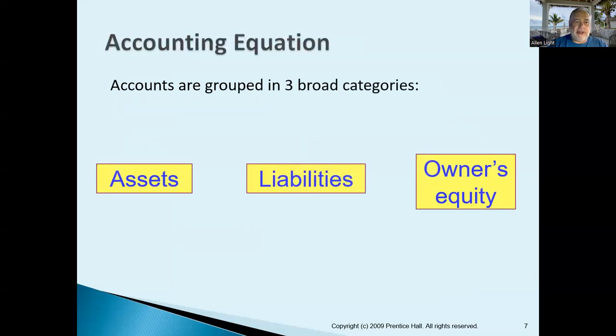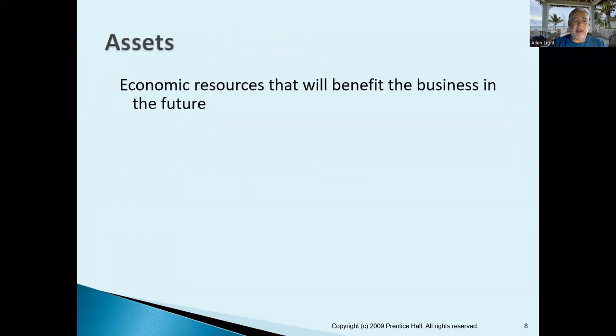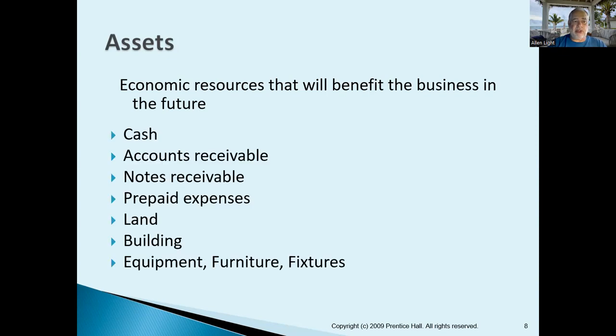Okay. Again, here's the accounting equation: assets equal liabilities plus owner's equity. So the accounts are going to be grouped in these three broad categories. Little review: assets are economic resources that will benefit the business in the future.